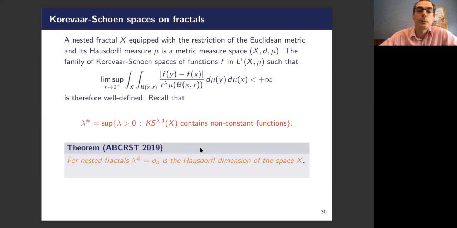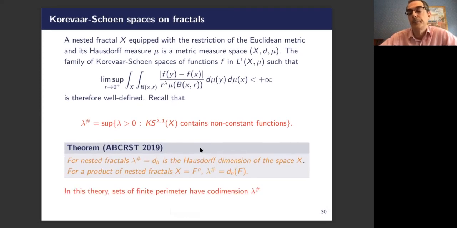And it's possible to compute explicitly the L1 correlation exponent. It's equal exactly to the Hausdorff dimension of the underlying space. So in this theory, when the critical parameter is not equal to 1, but is strictly more than 1, intuitively it means that the sets of finite perimeter that we get using this theory will have a codimension which is strictly more than 1.